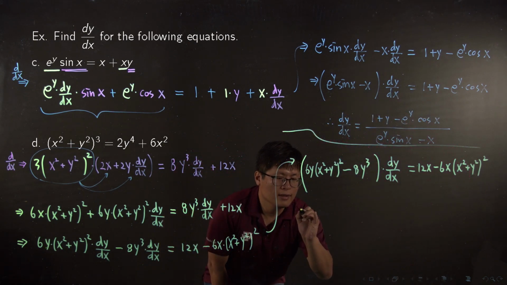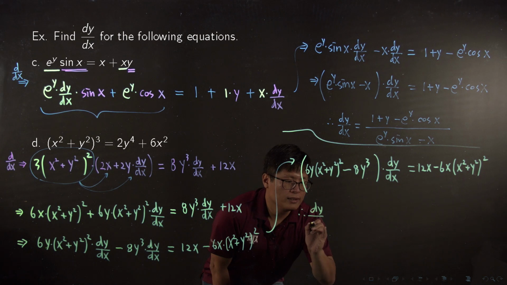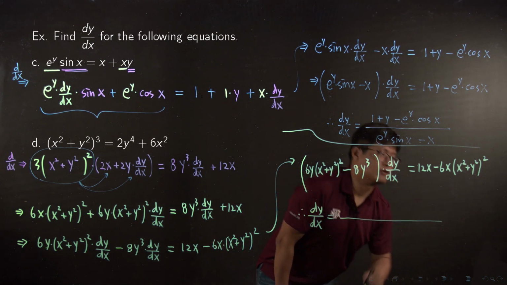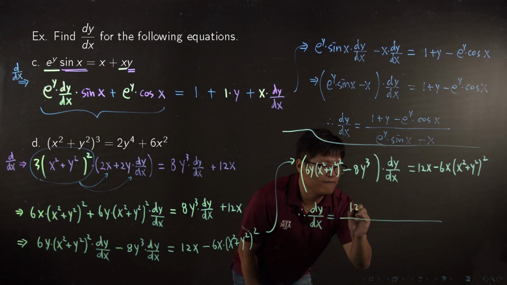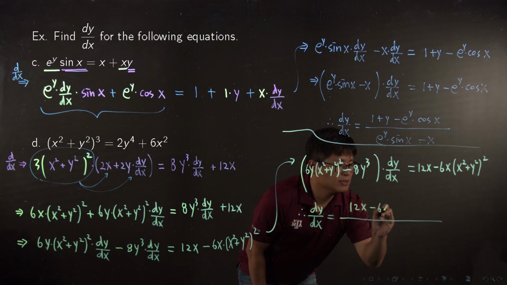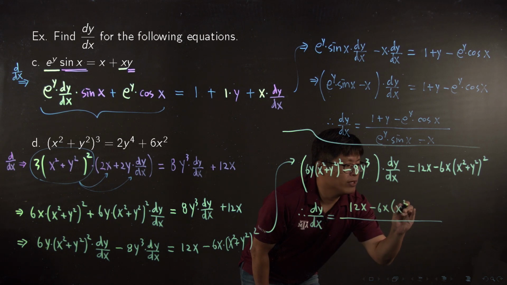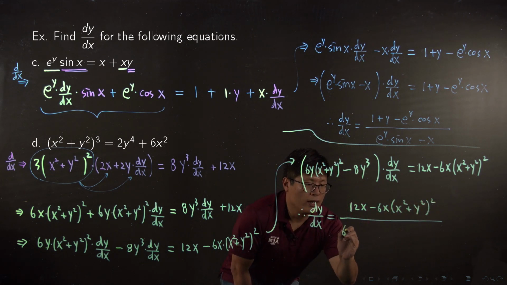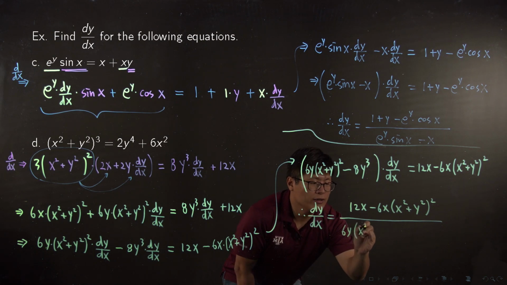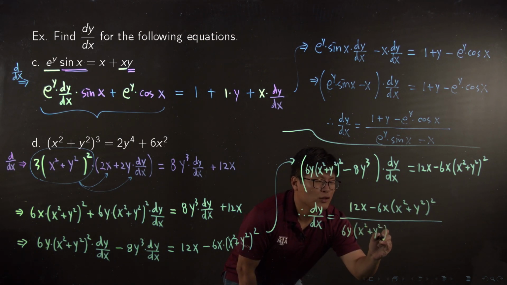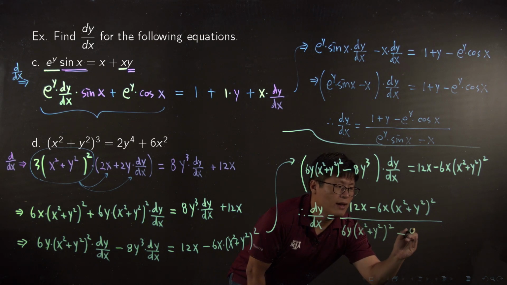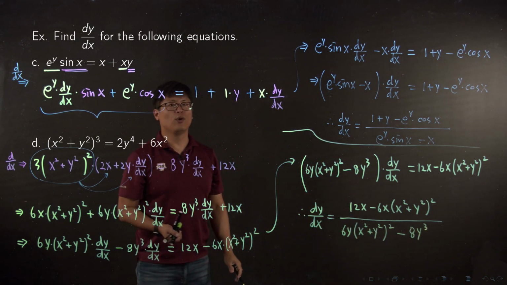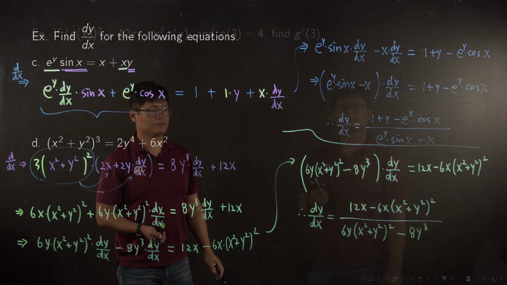Then your dy/dx is equal to a big fraction: 12x minus 6x times (x squared plus y squared) squared, over 6y (x squared plus y squared) squared, but that's it, minus 8y cubed. This is your dy over dx.